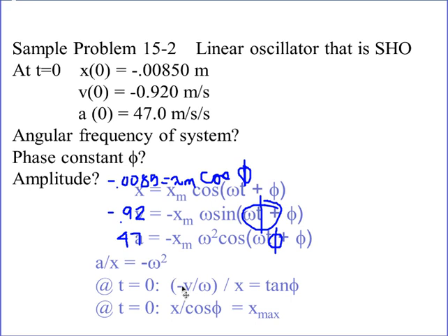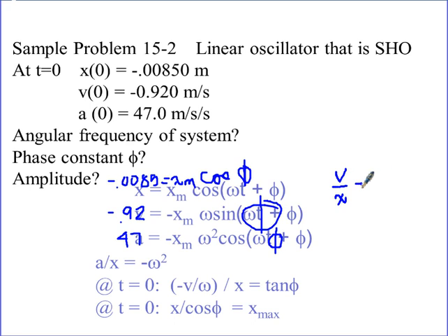And then what I could do is take this first one and divide it into the second one. Why do you have a negative there? I don't think that belongs there. I could divide this one into this one, and again the x maxes would divide out. I'd be left with an omega, but I know what omega is equal to now. I would have v divided by x, and the x maxes would go.